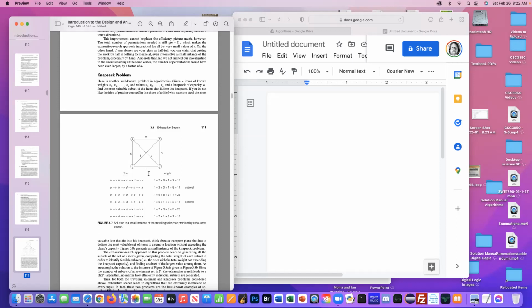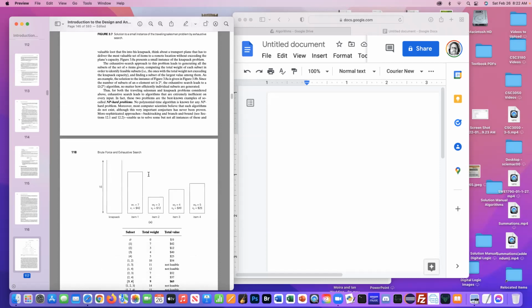The question is, how do you pack the backpack to maximize the value? How do you figure out the right items to put in to maximize the total value without going over the capacity W? And that's the problem there.